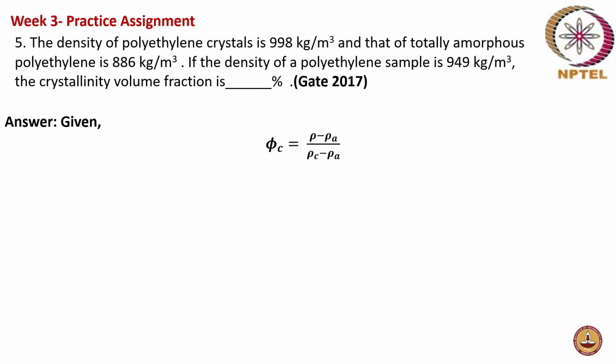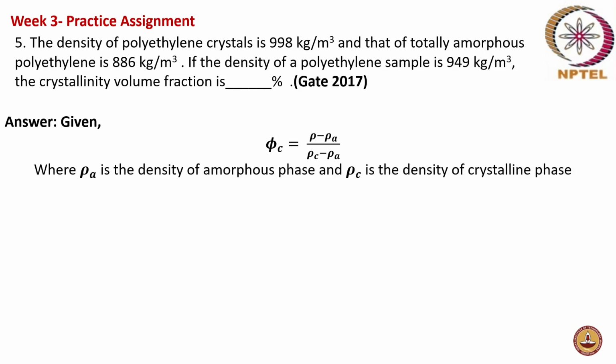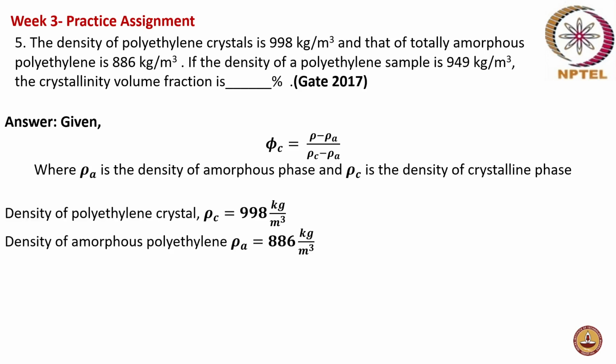We already have the information on the density of polyethylene crystal. So rho c is given as 998, the amorphous polyethylene is given as 886, and the density of the polyethylene sample is given as 949.